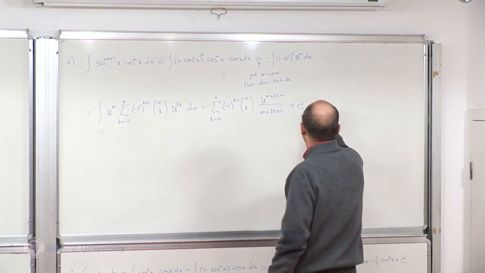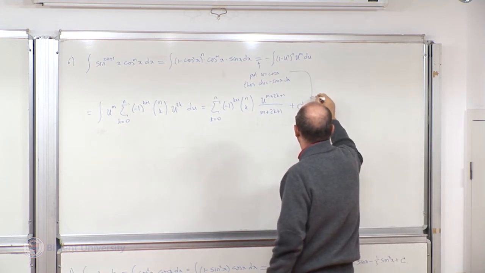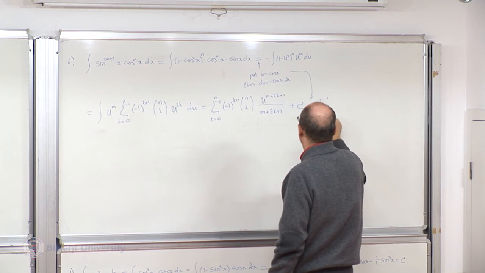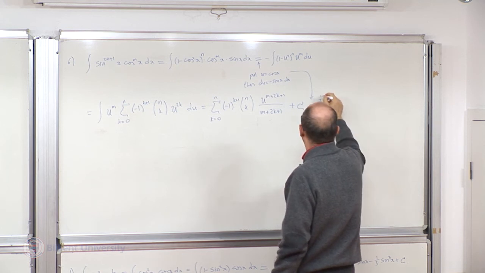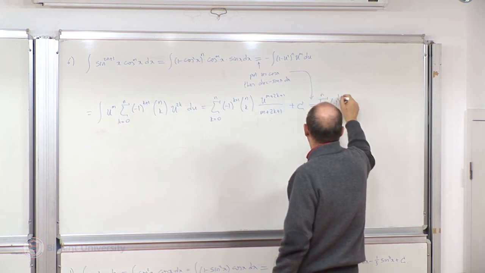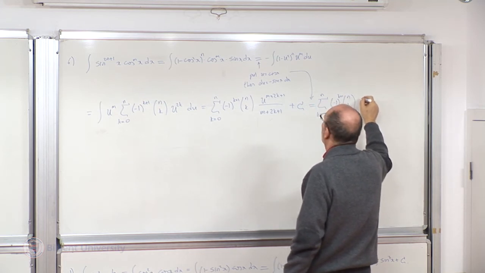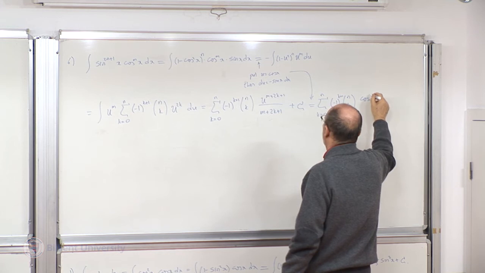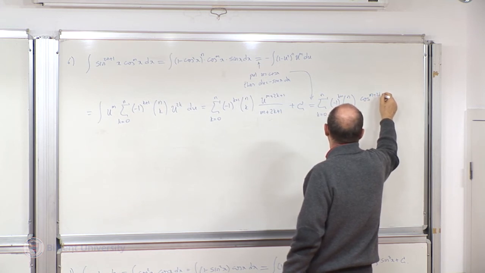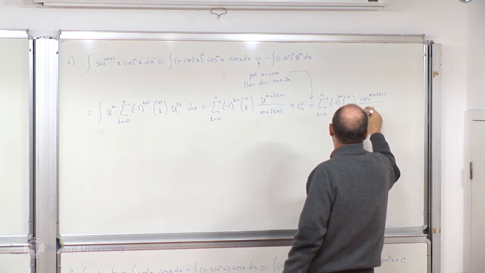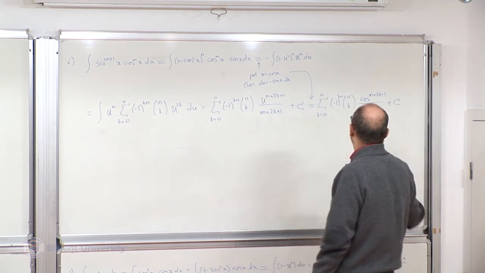Now put this thing back: you have the summation k equals 0 to n minus 1 of (-1)^(k+1), n choose k, cosine to the power m plus 2k plus 1 of x over m plus 2k plus 1, plus a constant.